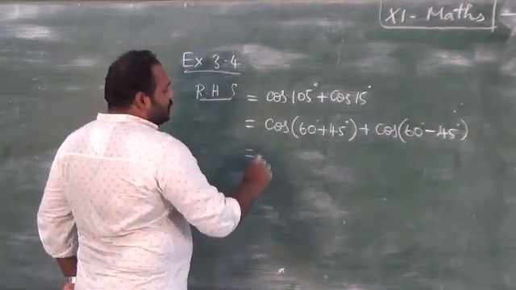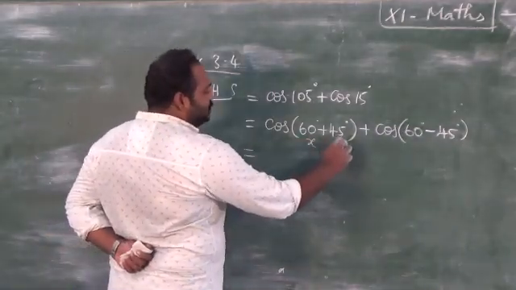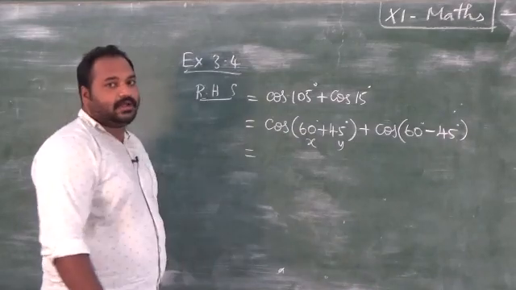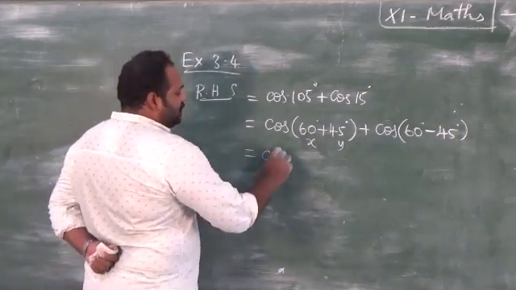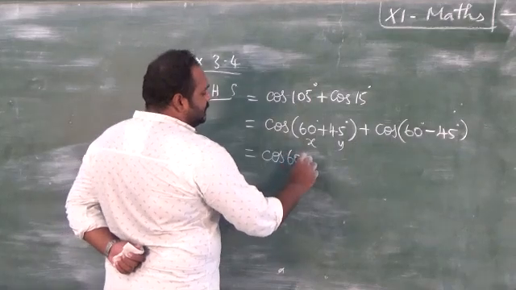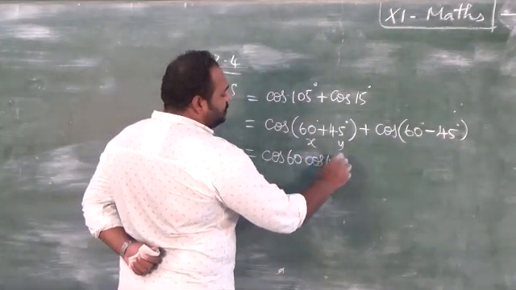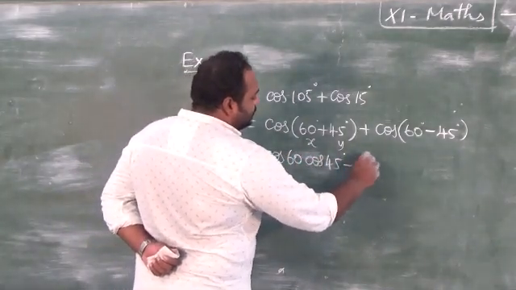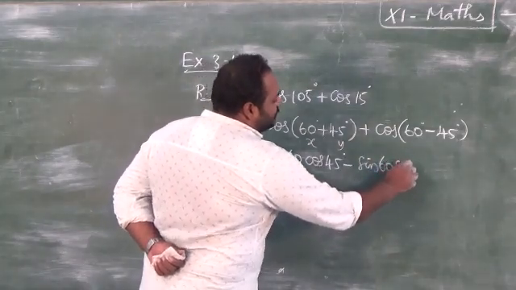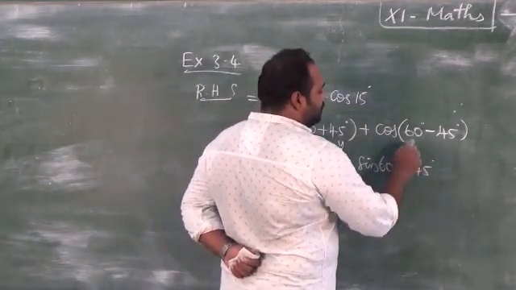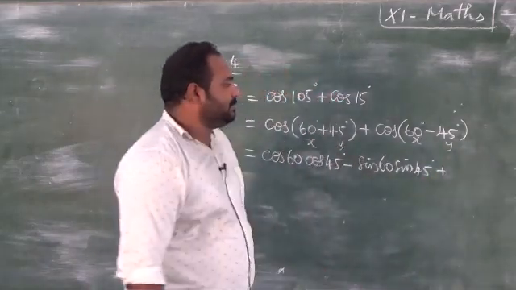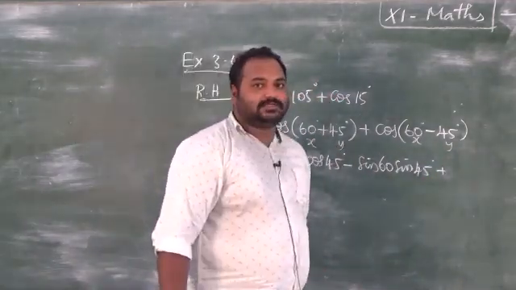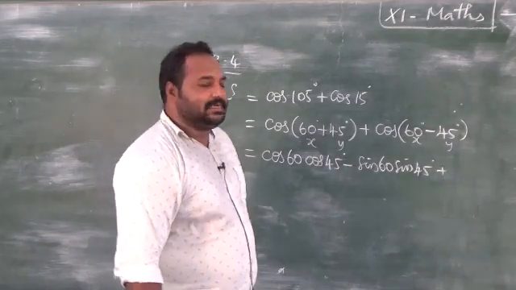Now, the cos x plus y formula: cos x cos y minus sin x sin y, so cos 60 cos 45 minus sin 60 sin 45. Here this is x, this is y. Plus the cos x minus y formula is cos x cos y plus sin x sin y.